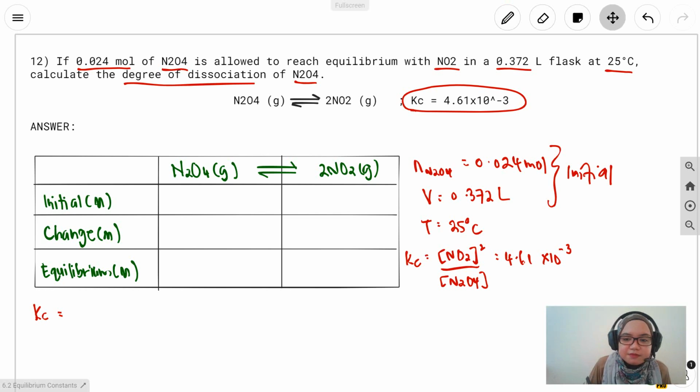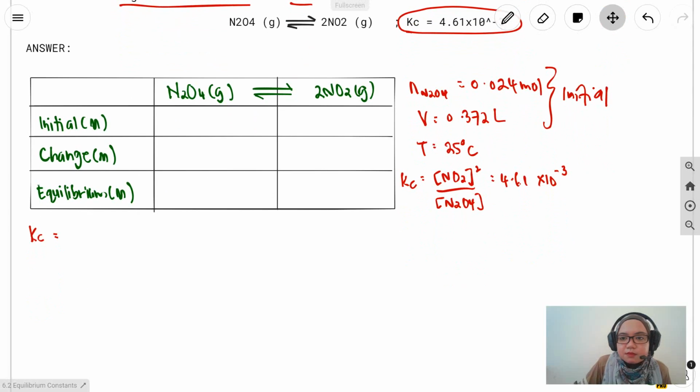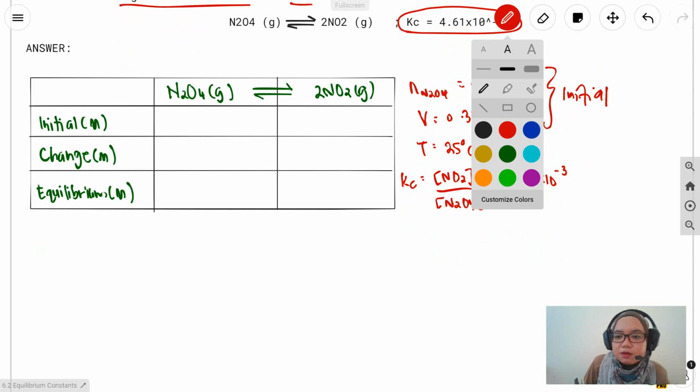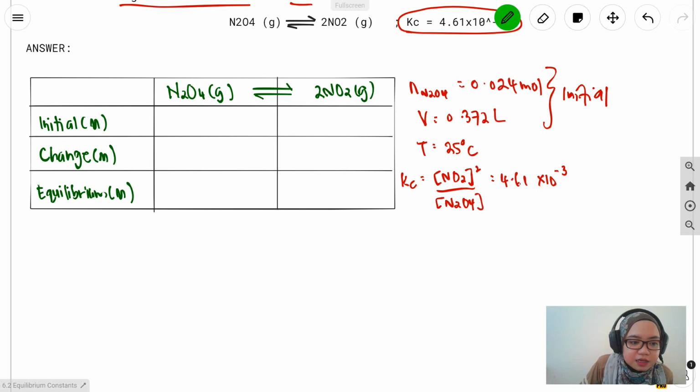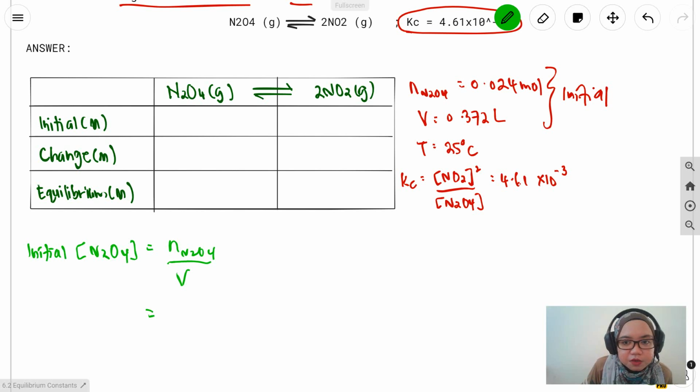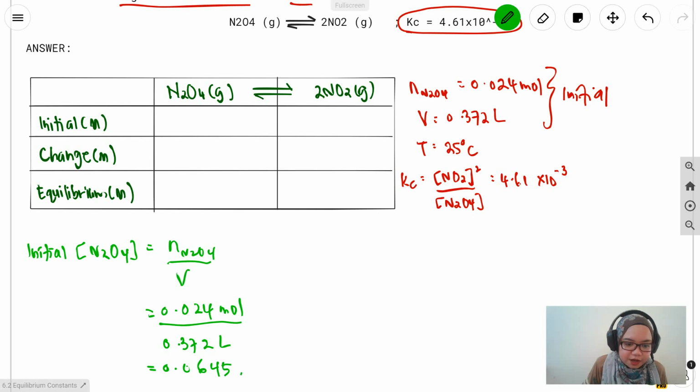So the initial concentration of N2O4 equals number of moles of N2O4 divided by volume, 0.024 mole over 0.372 liter, which equals 0.0645 molar.